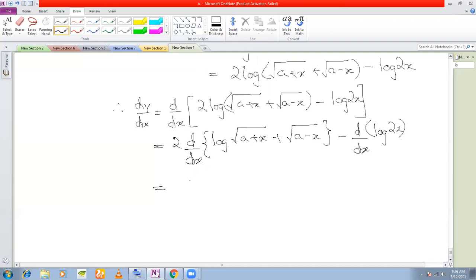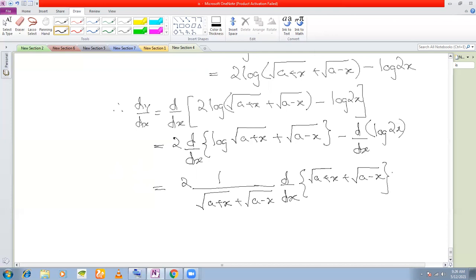So now how will you differentiate this? First, to differentiate the log, you get 1 by root a plus x plus root a minus x into the d/dx of root a plus x plus root a minus x, minus, and d/dx of log 2x is 1 by 2x into the d/dx of 2x.